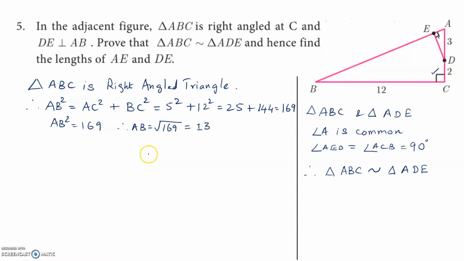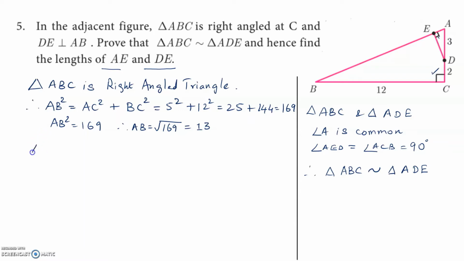Alright, next we need to find the length of AE and DE. So to do that, since the two triangles are similar, their sides are proportionate. The ratios of the sides are proportionate.